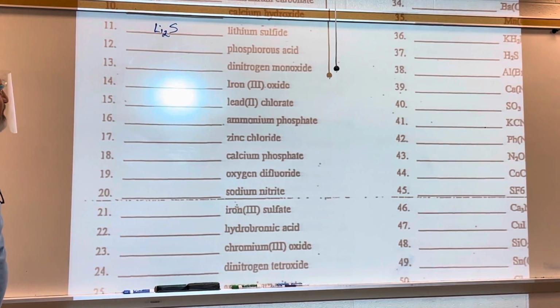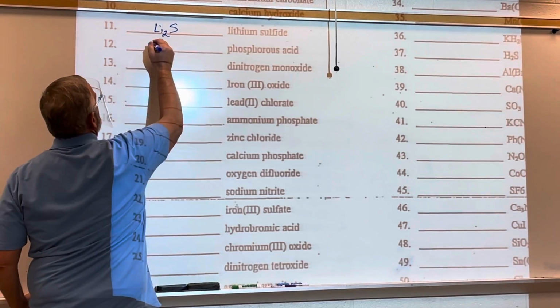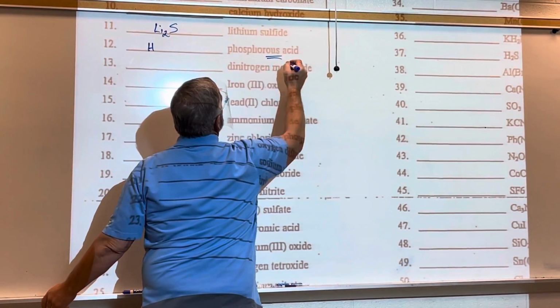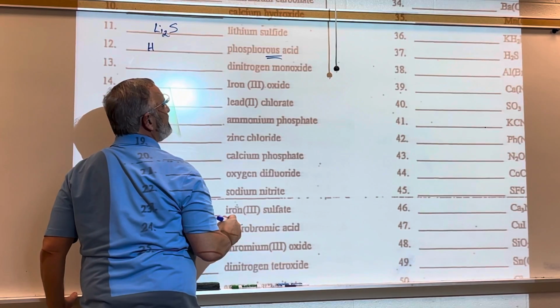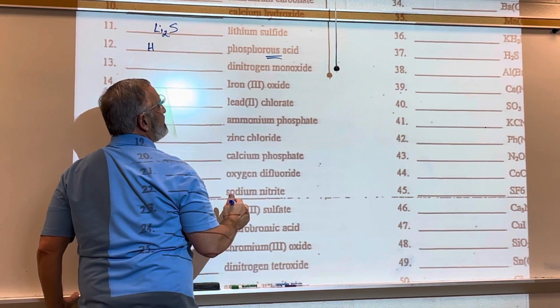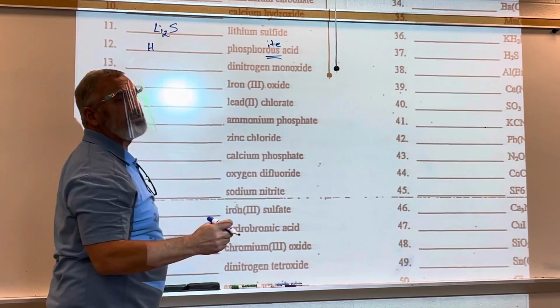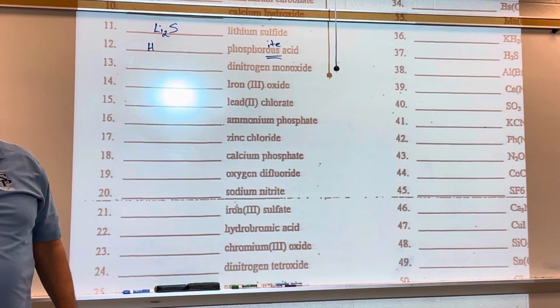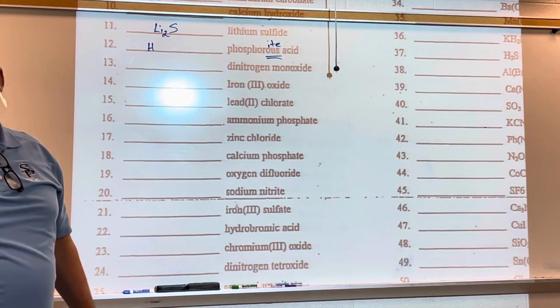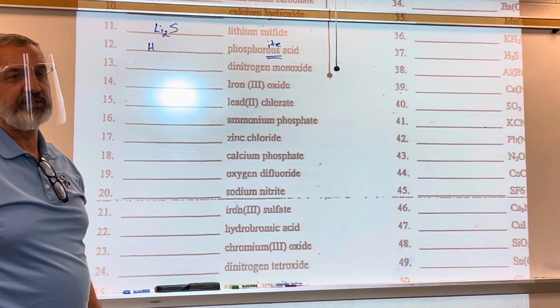Okay, Ella, what'd you get for phosphorus acid? It's like going to be like H, P. Okay, and since it's for us, which anion did it come from? The ite. Okay, phosphite. Now you go to your sheet. Phosphite's not on there. But what is on there? The phosphate.